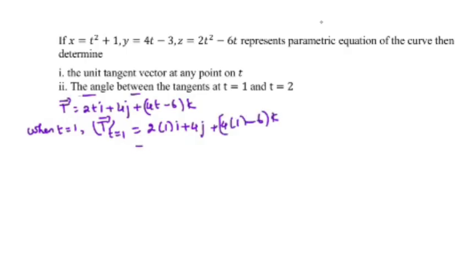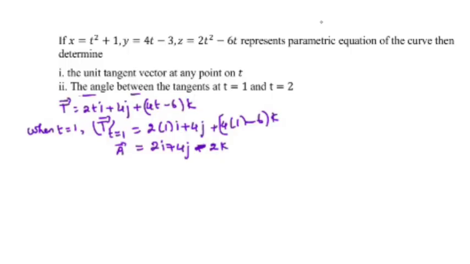So that will be 2i plus 4j plus, 4 minus 6 is minus 2, minus 2k. So this is the tangent at t equals 1. Then we will call it a vector.